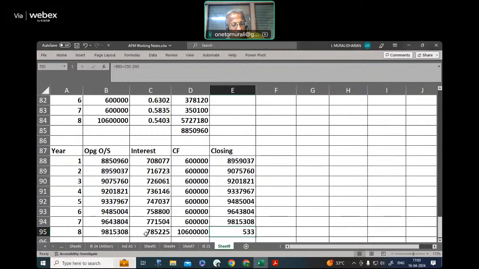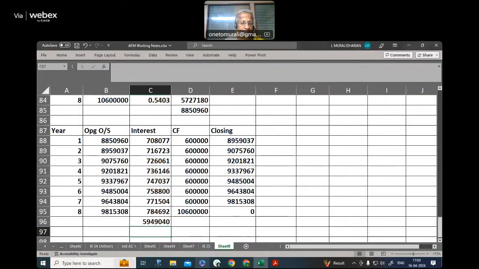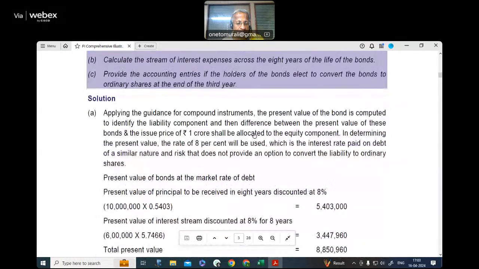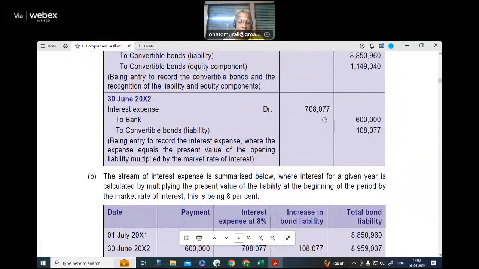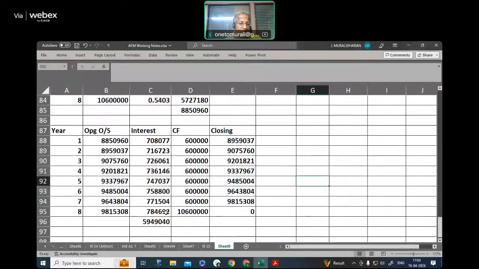So there is going to be a marginal difference. Therefore, we will keep interest as a balancing figure. So that is what you find: 784,692 as a balancing figure. 1060 minus 981,5308.